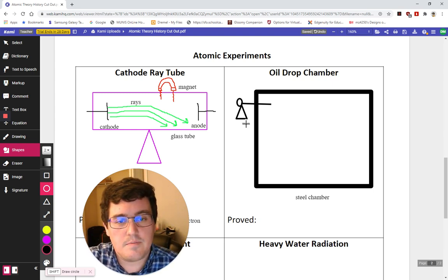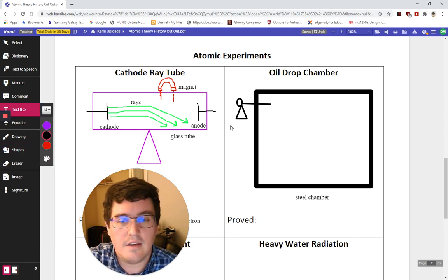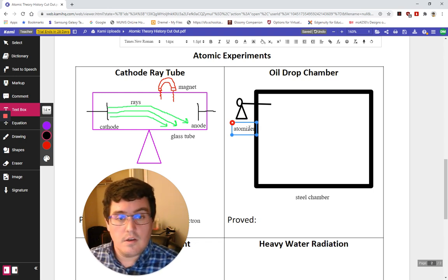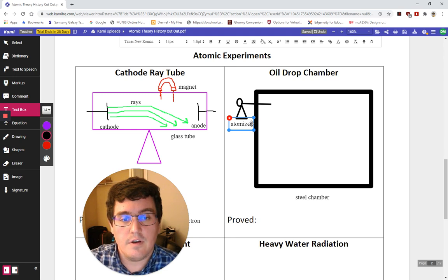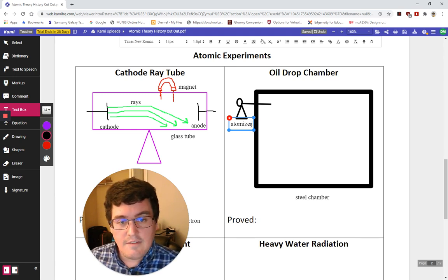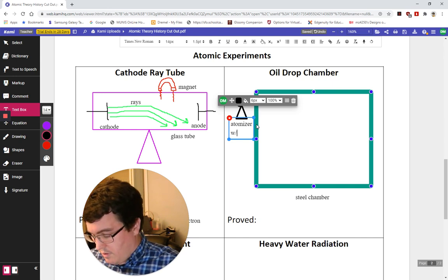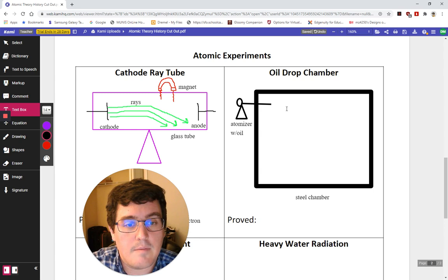And so you squeeze this poof ball, and whatever's inside this thing gets sprayed out the tube. The technical term for that is an atomizer. And so he used an atomizer, and he filled the atomizer with oil.